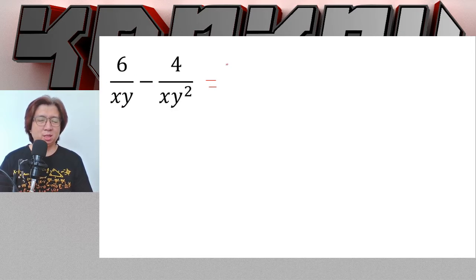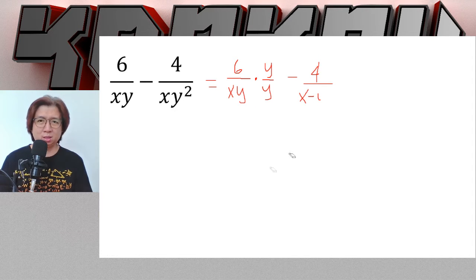First, of course, you have to multiply it by y over y. So we have y squared.